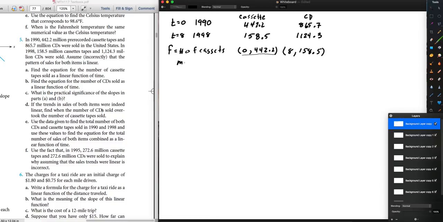So m is going to be the difference in the y's, 158.5 minus 442.2, over the difference in the x's, which is going to be 8 minus 0.